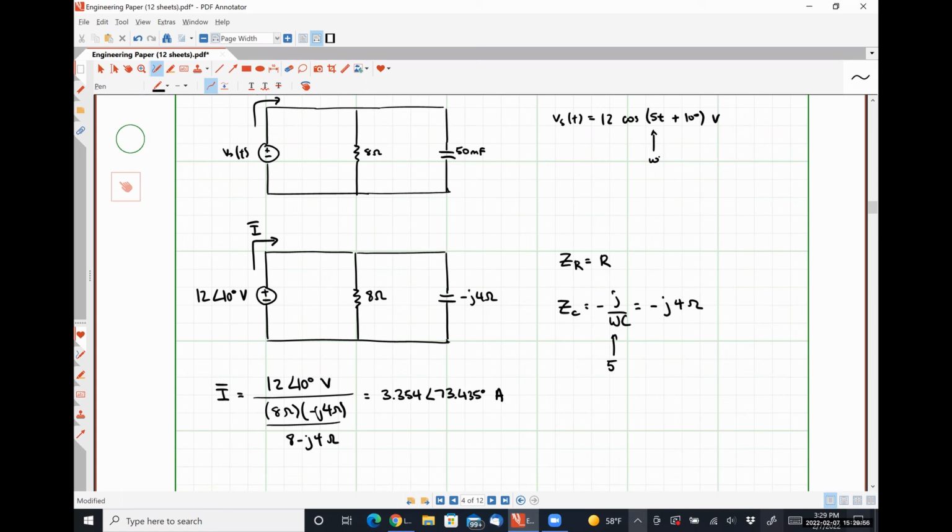Now, your calculators, every single one of them, regardless of how cheap or expensive, is incapable of solving a system of equations that has complex numbers.